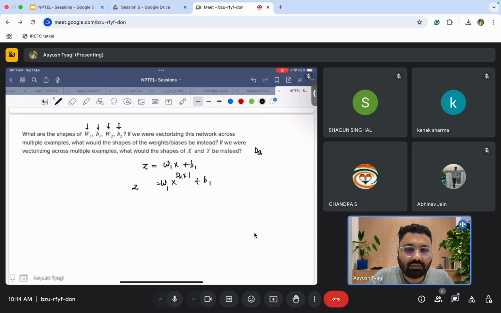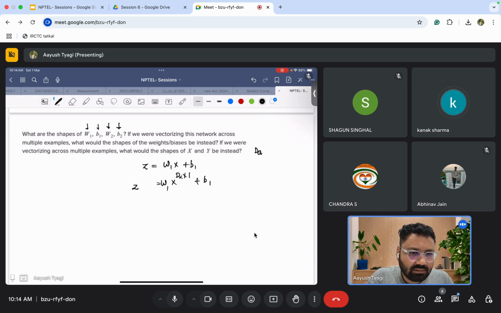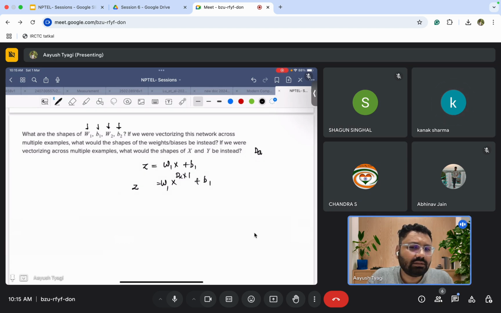Any thoughts on what the dimension of w1 and b1 should be? Anyone? Every node has a bias term, right?